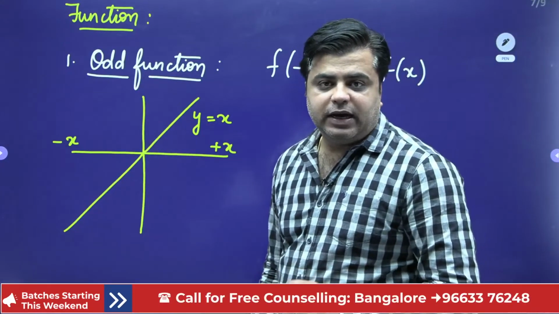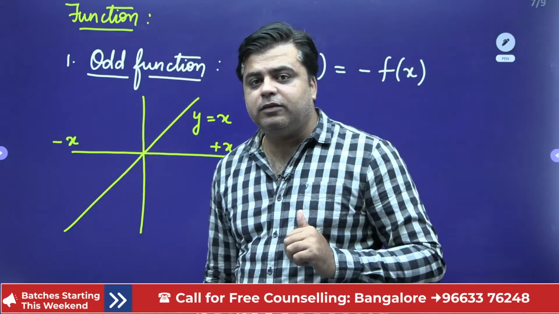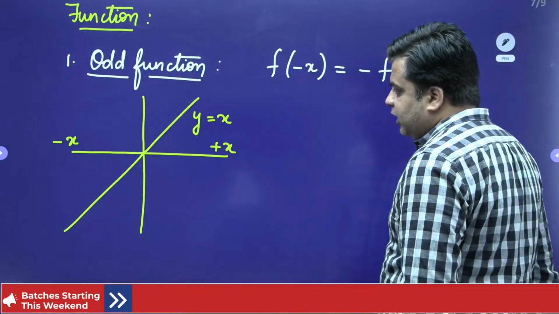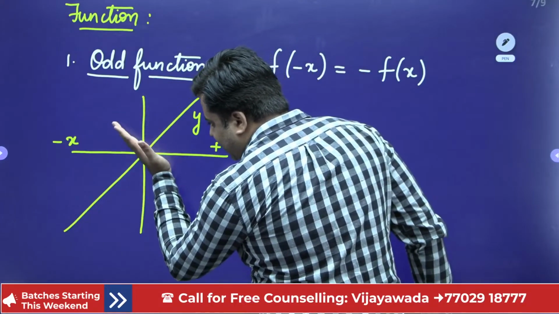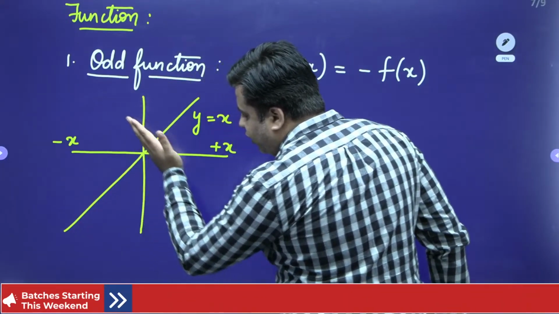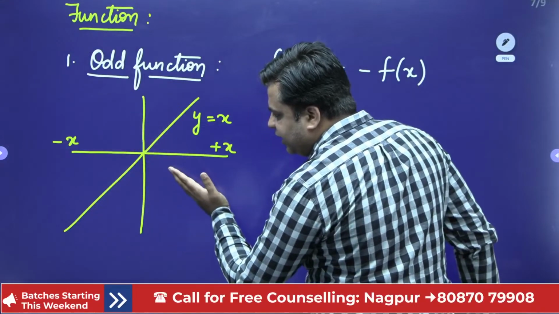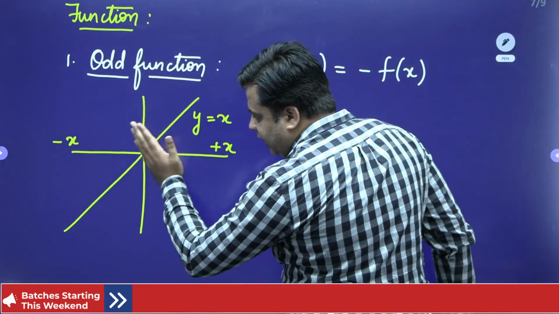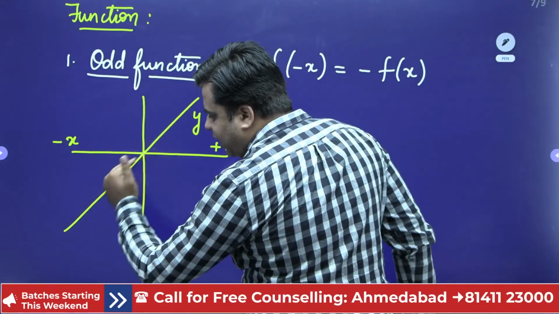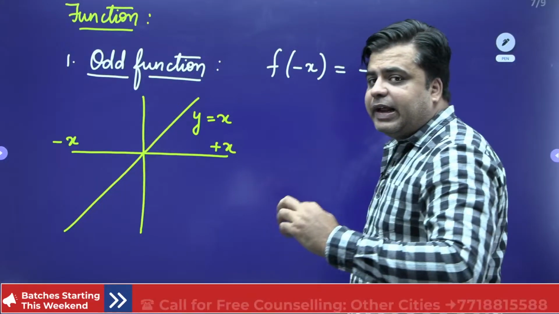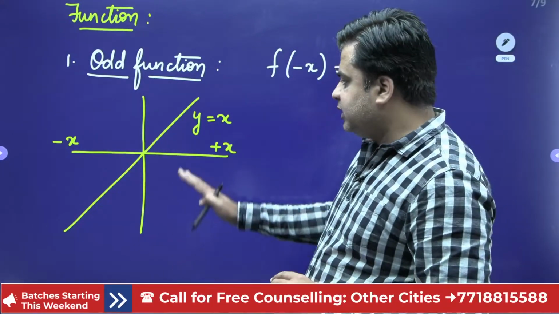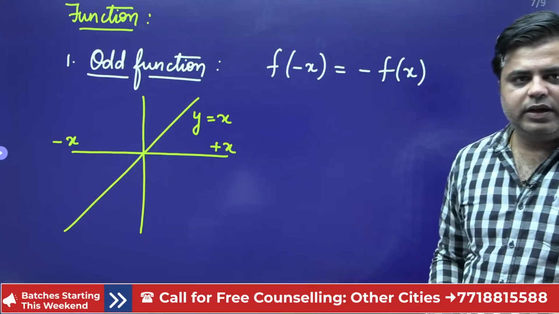As simple as that. So what do we mean by an odd function? An odd function is one in which the mirror image, for a mirror inclined at 45 degrees to the axis like this, overlaps with the graph of the function for the negative values of x. So this will be your odd function, right?